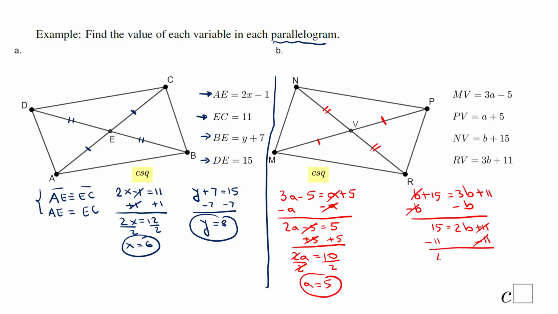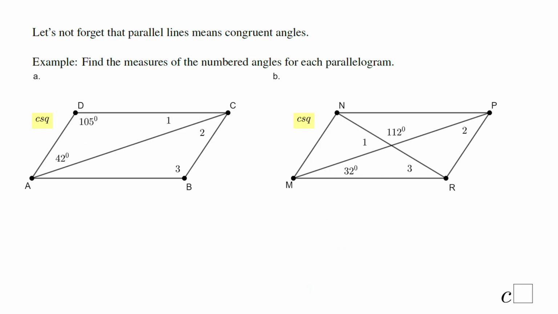And we have here 4 equals 2b. Divide by 2. b will be equal to 2. And that is about this problem where the property used was the fact that the diagonals of a parallelogram bisect each other. I said here on the next slide that let's not forget that parallel lines mean congruent angles.